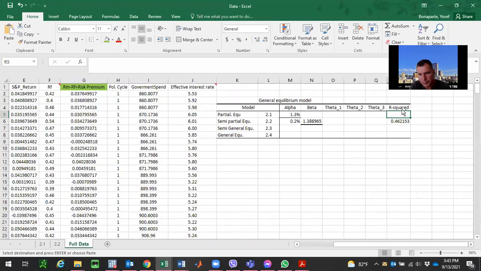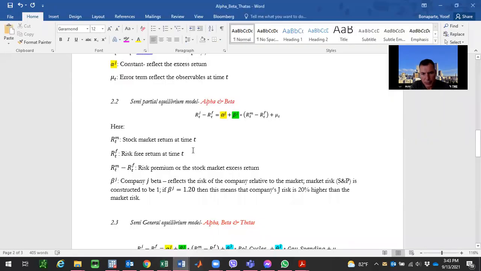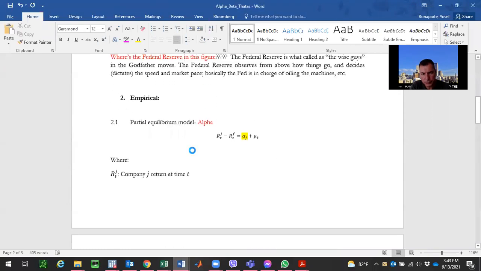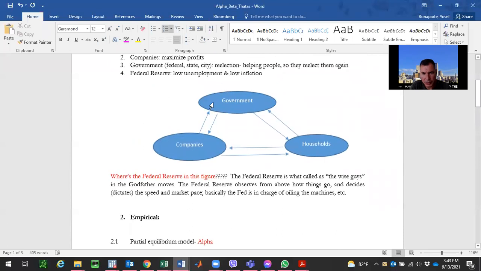Now we're going to go to the semi-general equilibrium model, where we now have the market. So far we talked about the economy and companies, how they operate in the financial market. What about the government?